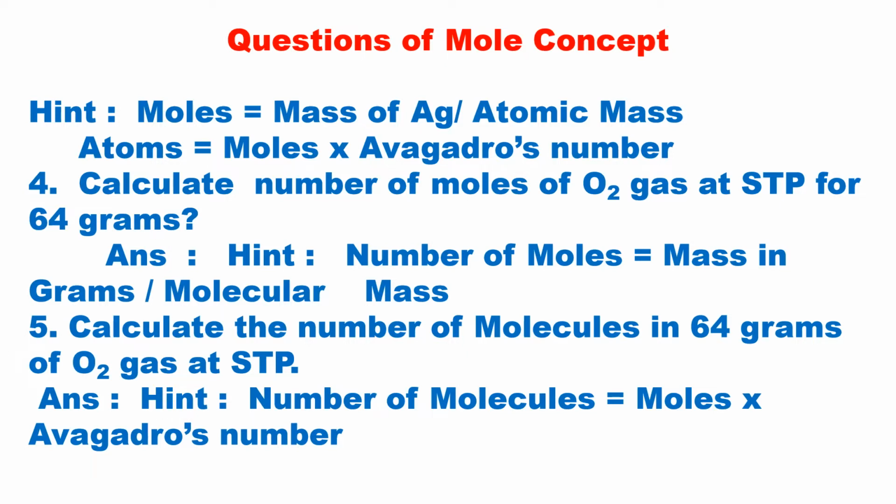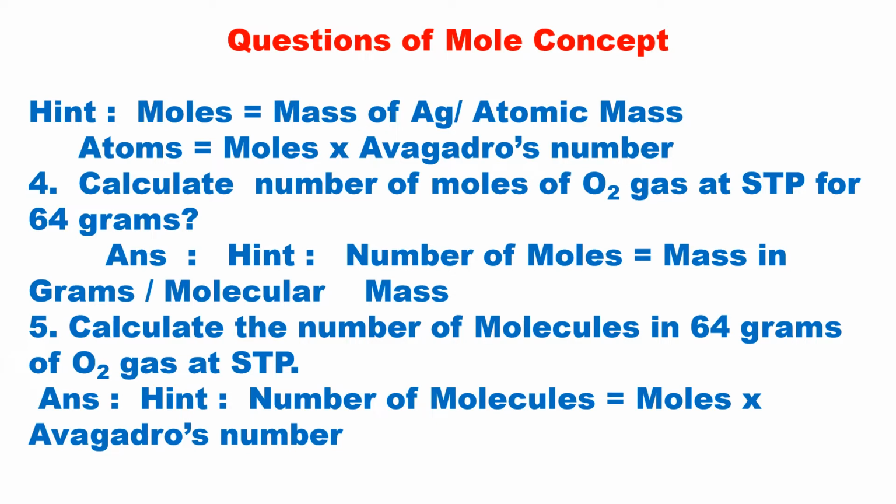Now, we can take another example. Calculate the number of moles of oxygen gas at STP for 64 grams. Now, the hint is number of moles is equal to mass in grams over molecular mass.